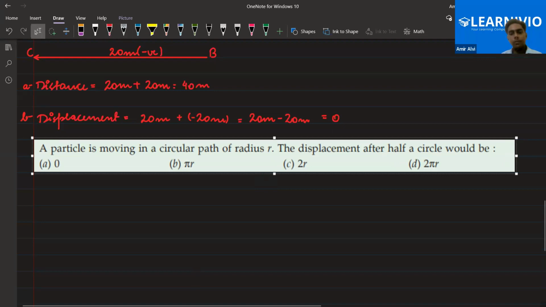What is the displacement of the half circle and what is the displacement of the full circle? So 2R. She can answer it. Sara and Astatva. It's 2R, I guess.